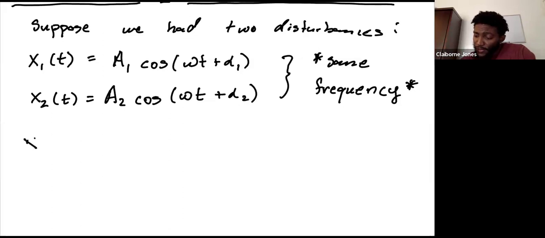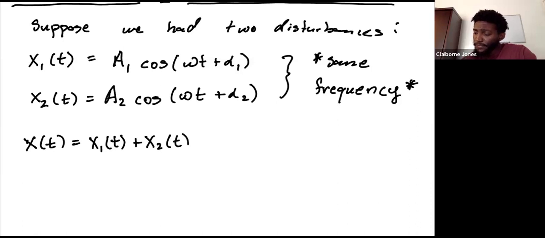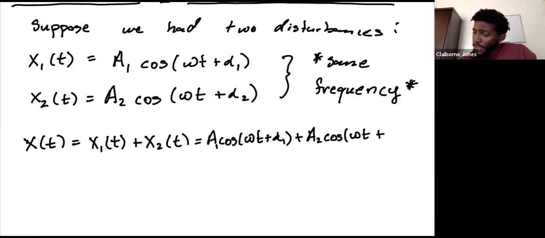So the resulting wave, x of t, is going to be, well, let me take a step back. Maybe I'm going a little too fast. It's going to be x1 of t plus x2 of t, and that's just equal to A1 cosine omega t plus alpha 1 plus A2 cosine omega t plus alpha 2.